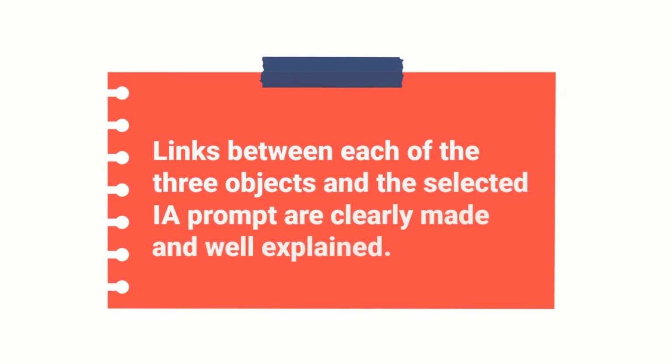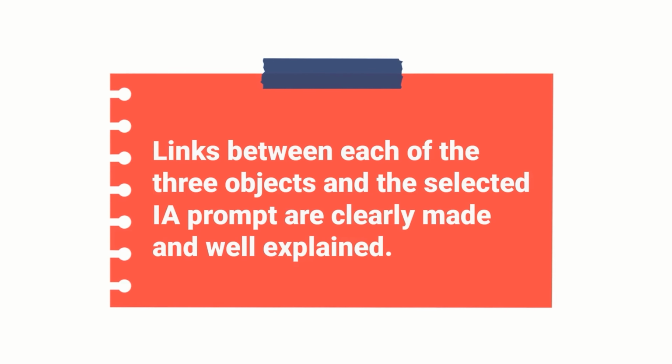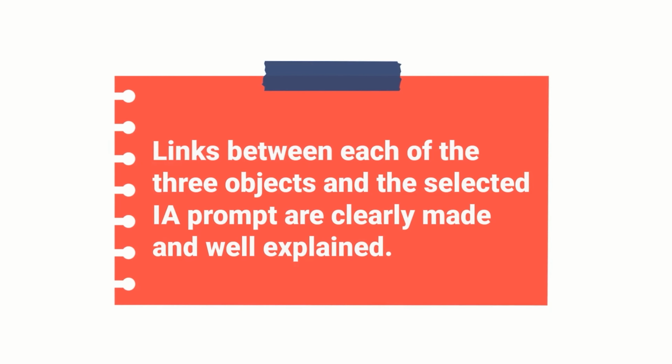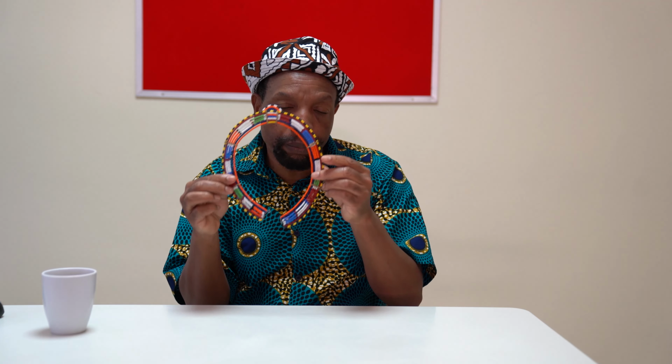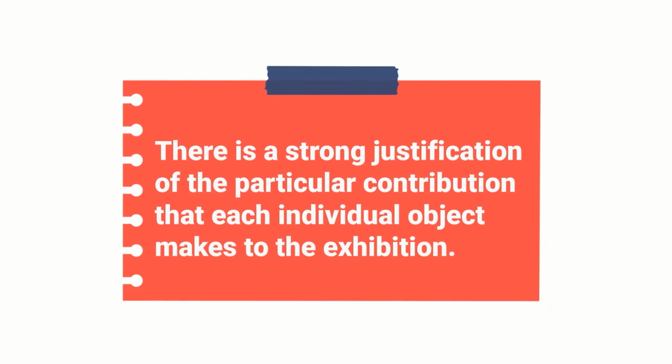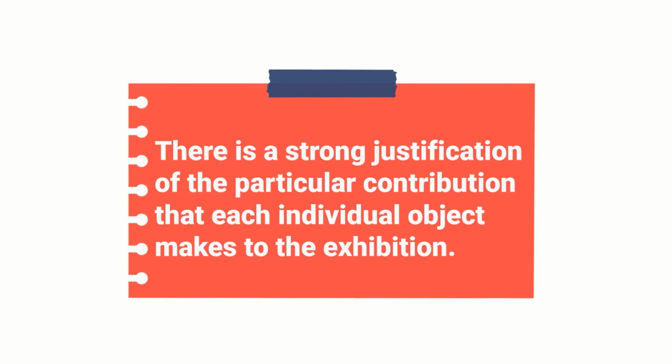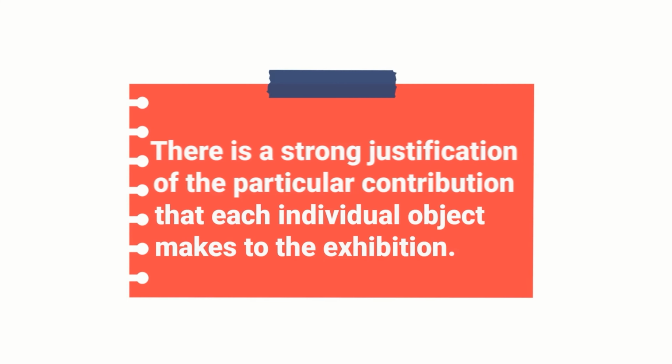Links between each of the 3 objects and the selected internal assessment prompt are clearly made and well explained. So you make sure that this Maasai necklace is well linked and clearly linked to prompt 21. The other point is that there is a strong justification of the particular contribution that each individual object makes to the exhibition.